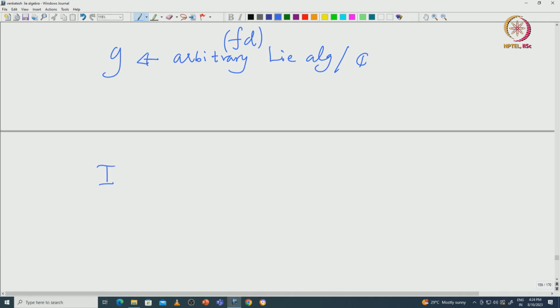one can talk about what is called the maximal solvable ideal. So, you pick I to be a maximal solvable ideal inside G. That exists using Zorn's lemma, or otherwise you can use that here everything is finite.